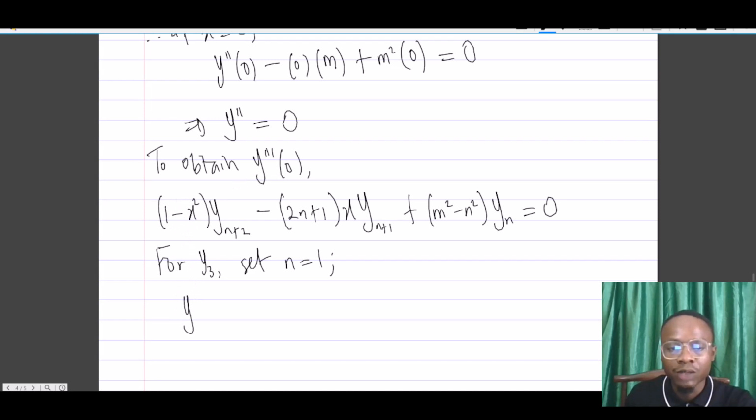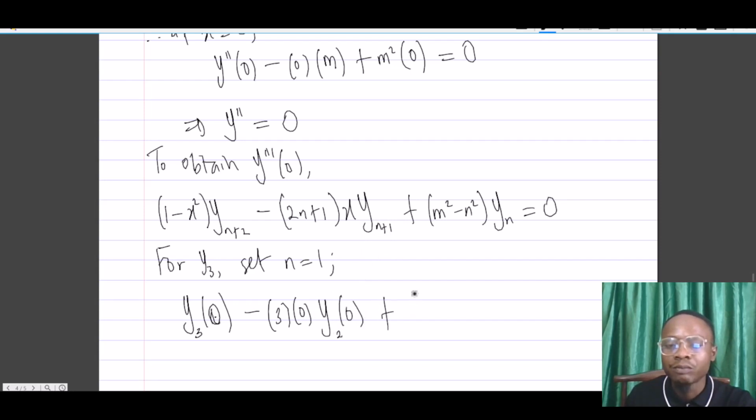We're going to have this to be y sub 3. At x equal to 0, this will be 1 minus 0, which is 1. Then this will be y sub 1 plus 2, which is 3, because we are evaluating for n equal to 1. This is the value at 0 that we're evaluating. Then minus (2n plus 1), that will be 2 times 1 plus 1, that is 3, into x, which is 0, multiplied by y sub n plus 1, that is y sub 2 at 0, whatever that is.